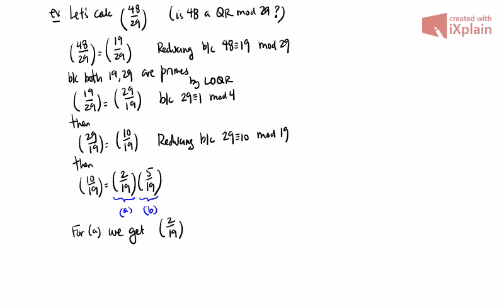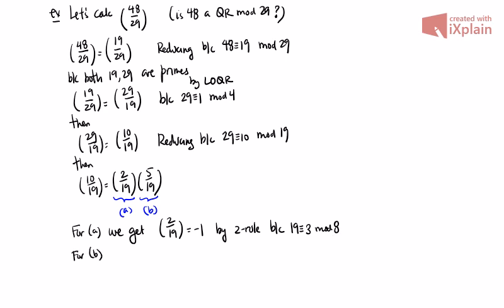The 2 rule says we check whether the prime 19 is congruent to 1 or 3 or 5 or 7 mod 8. So this is equal to -1 by the 2 rule, because 19, if we look mod 8, is 3 mod 8. So then we know what that is.